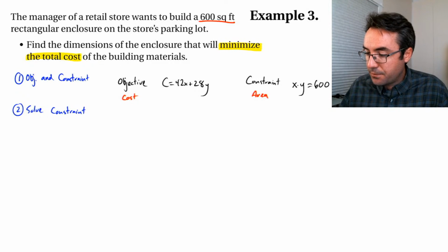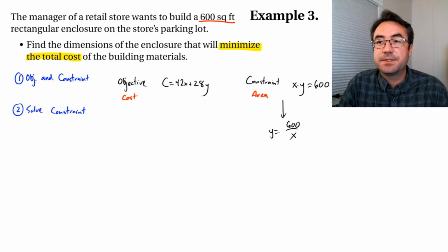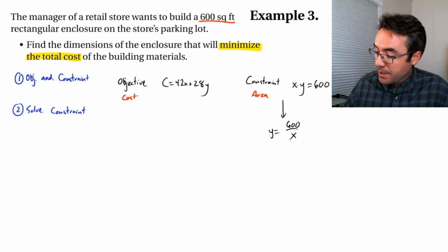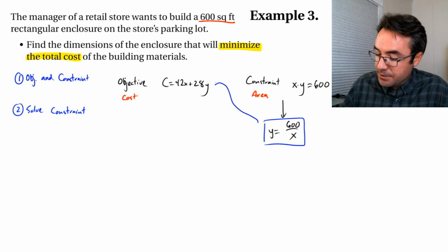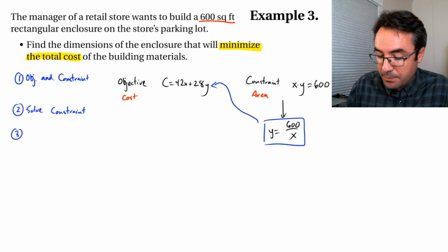So let's solve for y because that's kind of what we usually do. So if we solve for y, we get 600 divided by x. Then we're going to take that value and we're going to plug it into our objective function. So that's the next step. We're going to plug that in.